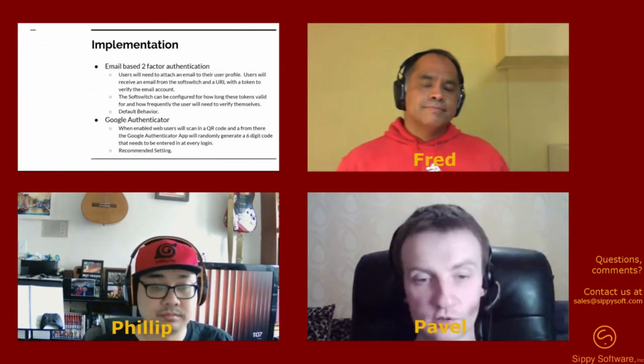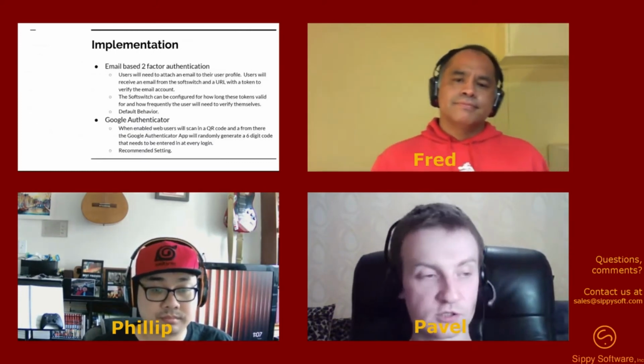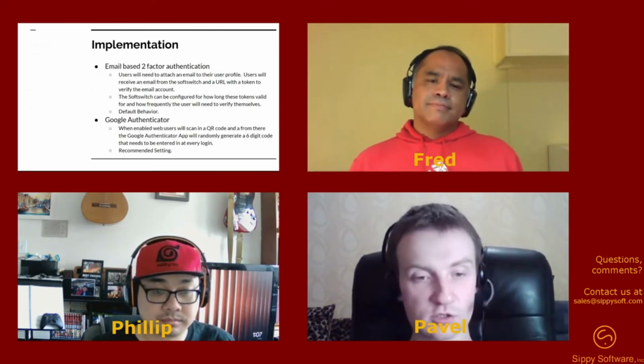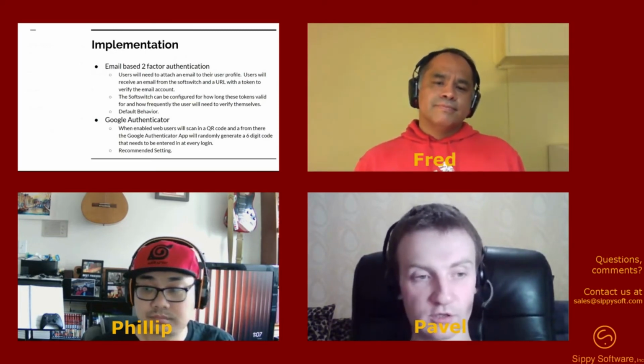The main idea here is that the default method is email authentication and Google authentication is the second method. To be more particular, if some of your colleagues or some of your NOC guys are not seeing the QR code when they try to log in the first time, that's the subject for them to ask the switch owner about what's happening there.